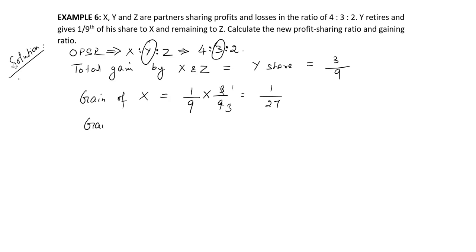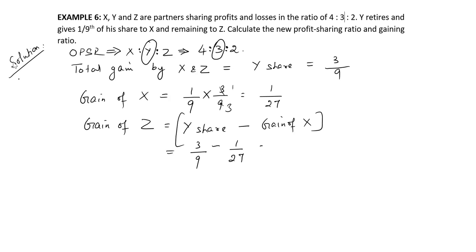Hence, gain of Z is equal to the total gain of both X and Z together, that is Y's share, minus gain of partner X, which is equal to 3/9 minus 1/27, or 8 divided by 27.